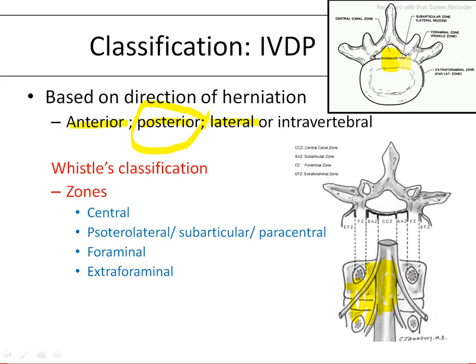Whereas a little bit lateral, but medial to the pedicle, this region is subarticular or posterolateral or paracentral. And when it arises from this area, it is foraminal, and beyond the foramen or the pedicles is the extraforaminal, lateralmost.